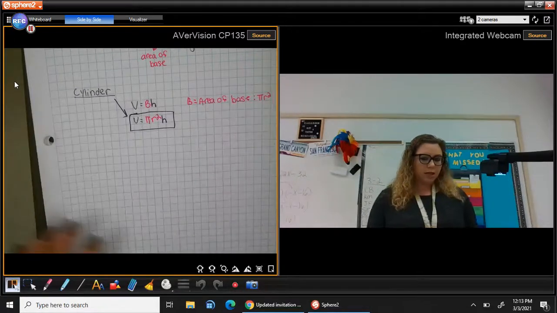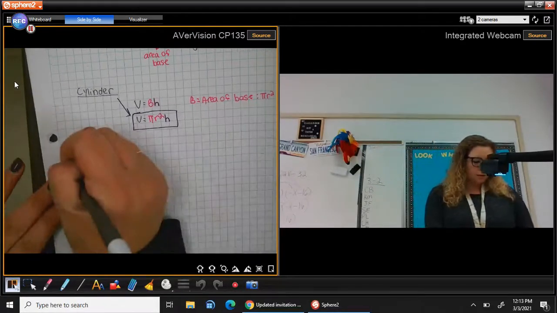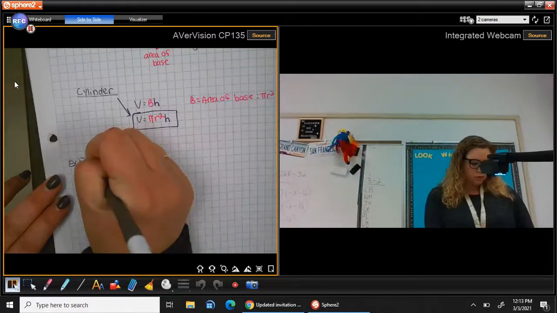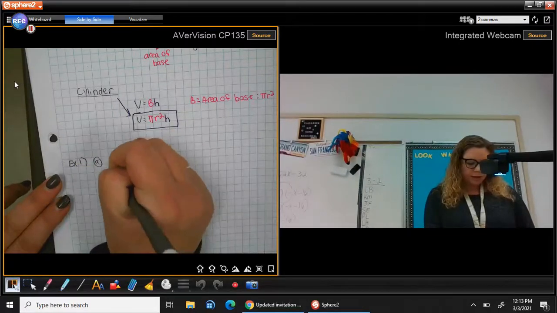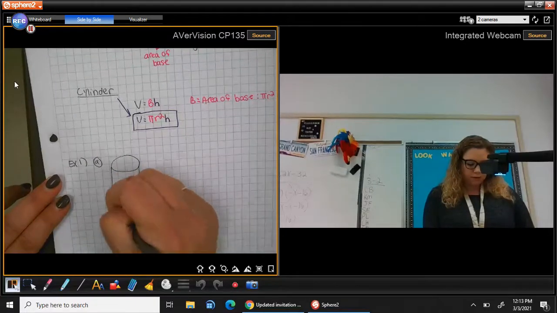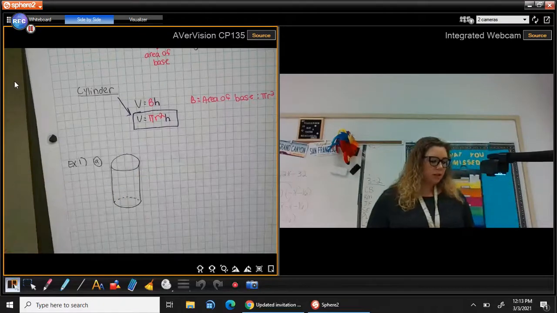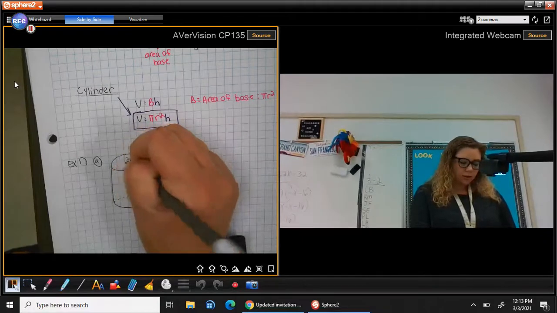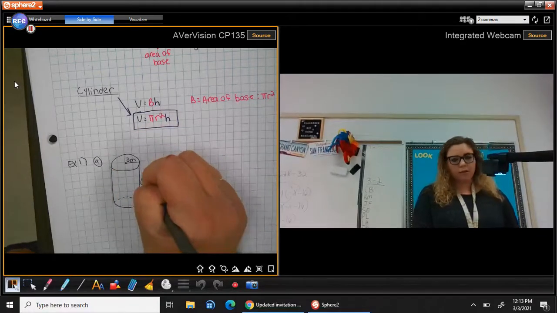So let's look at example A. I have a cylinder, and it's not going to be a perfect one. It's going to look something like this. My radius is 3 and then my height is 6.